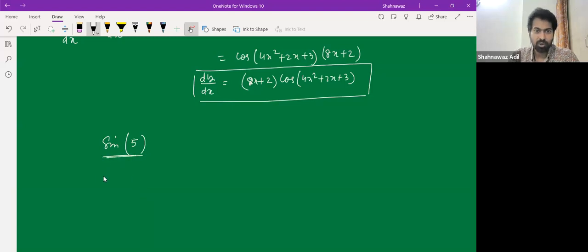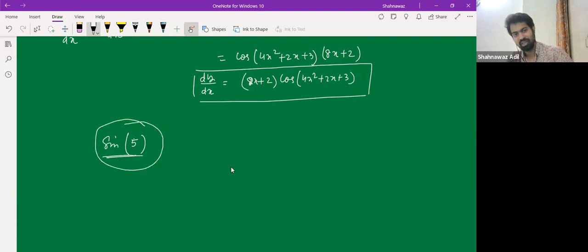So you tell me, is this a constant quantity or a function? It's a constant quantity. So d by dx, this is not dependent upon x. So this would be what?